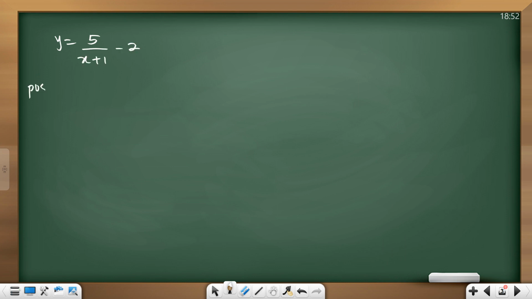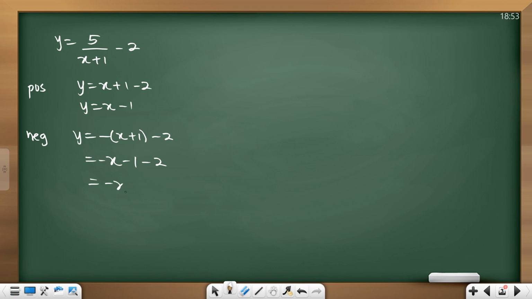So the one with the positive, what would it be? y equals x plus 1 minus 2. That's fine. The one with the negative gradient, what would it be? We throw in our negative there, so the denominator is multiplied by negative. So negative x. So what's our answer?